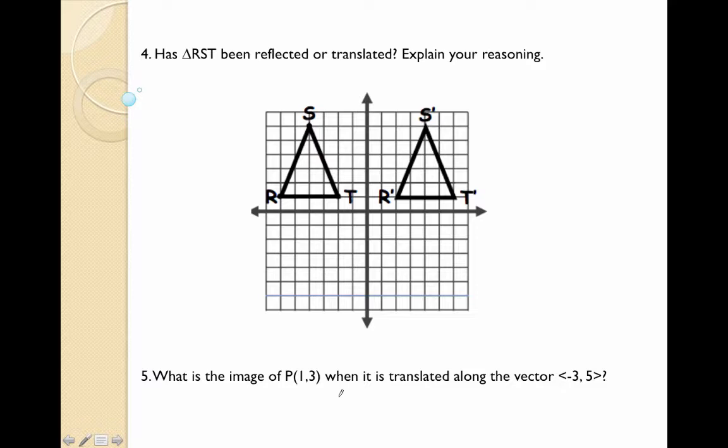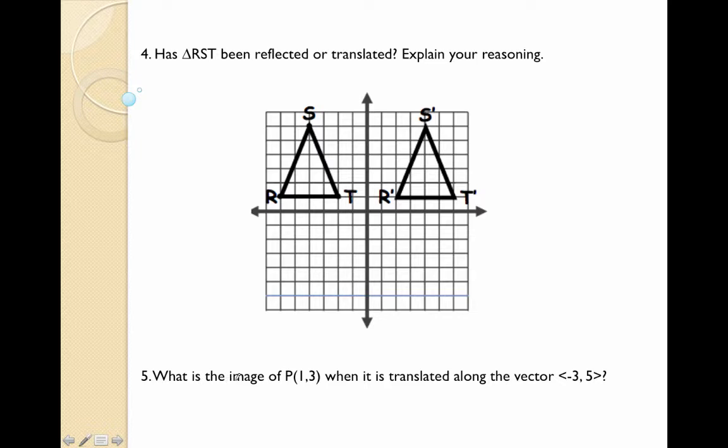So it looks like it could have been either one. But the thing to note is that r and r prime are both on the left, and t and t prime are both on the right. If I'd flipped it over, then r would have been the one over here. So this would be r prime, and it's not. So this was a translation because everything stayed in the same orientation.